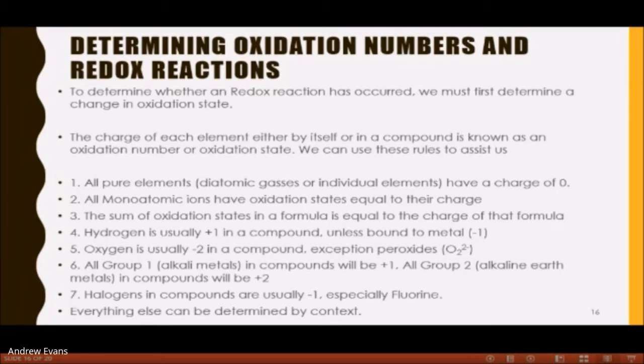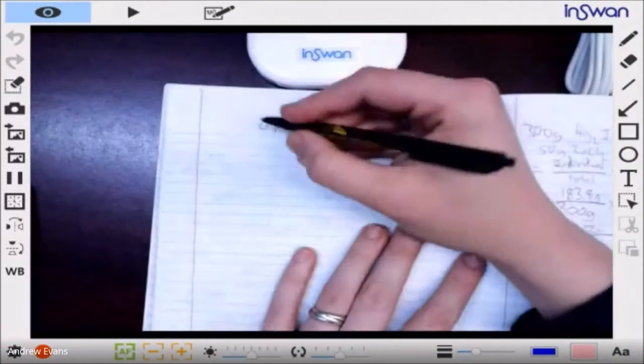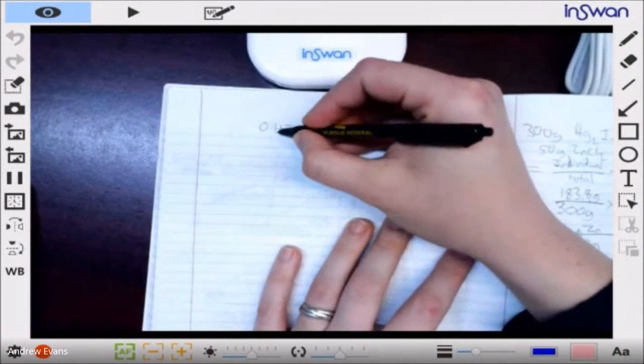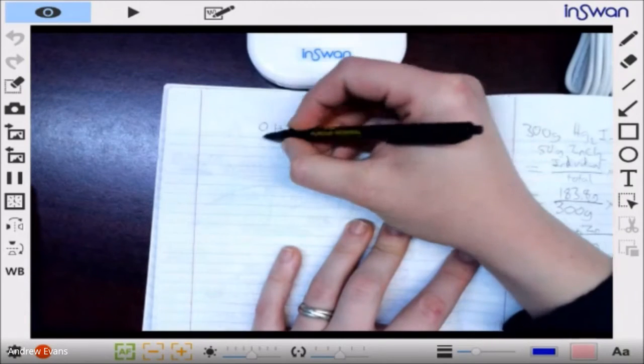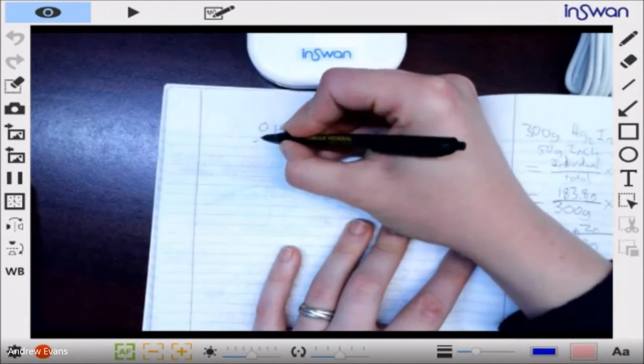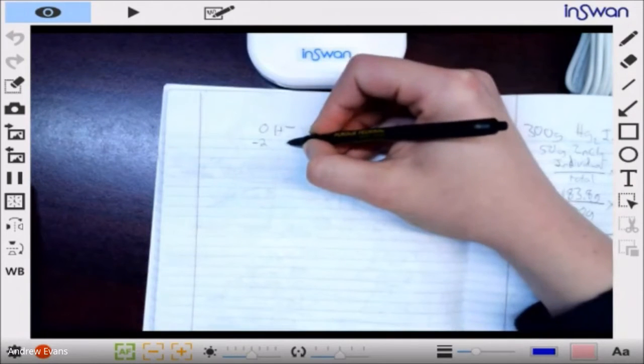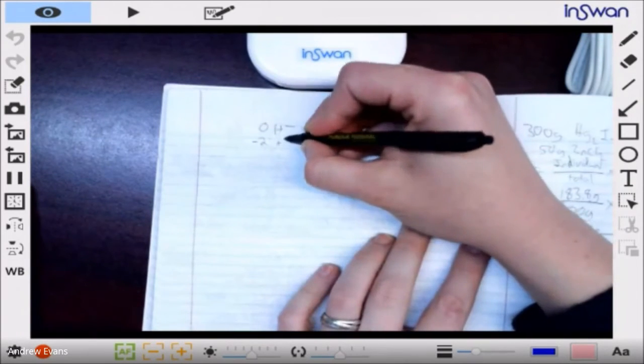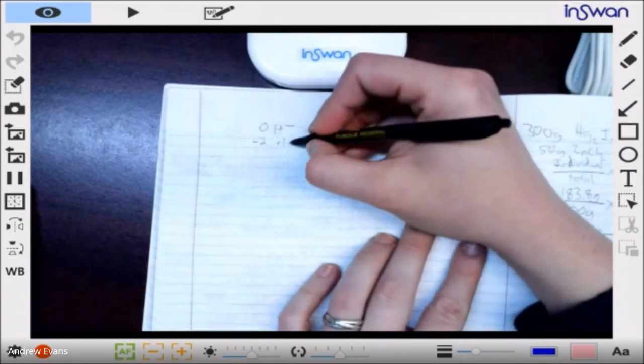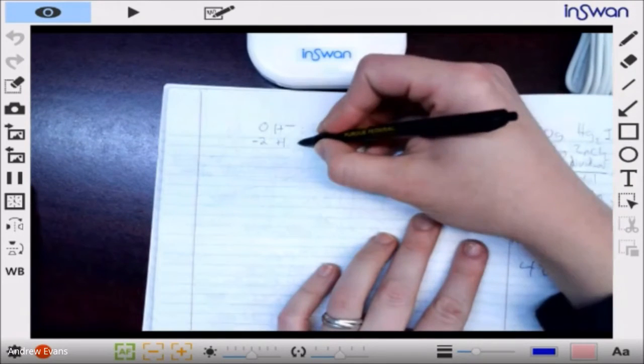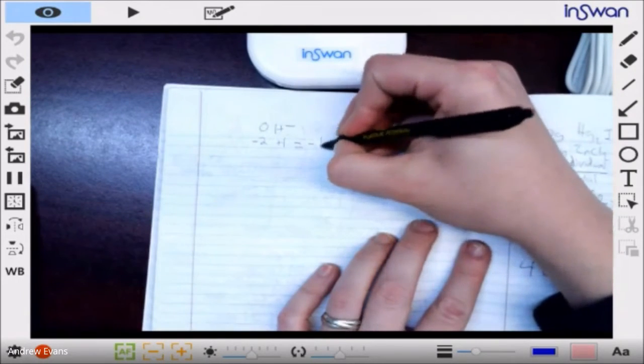But other than that, it is almost always 2-. Using that in mind, let's match that to what we just said about the OH-. The sum of these two must add up to -1. If oxygen is almost always 2- and hydrogen is almost always +1, -2 plus +1 would equal -1.